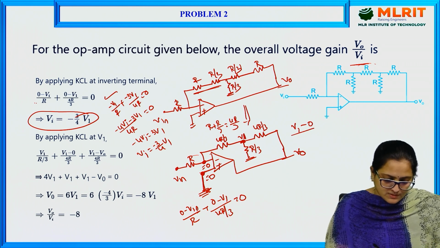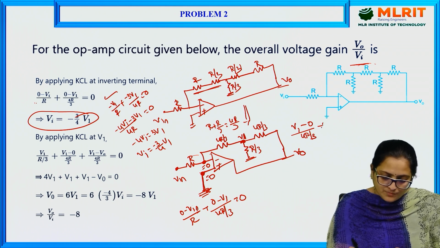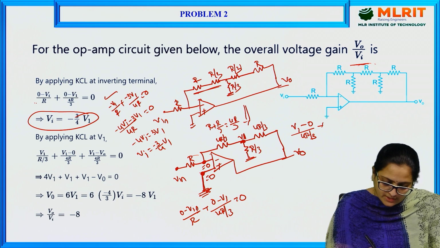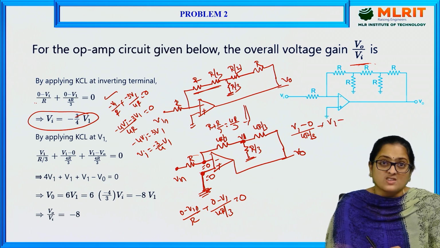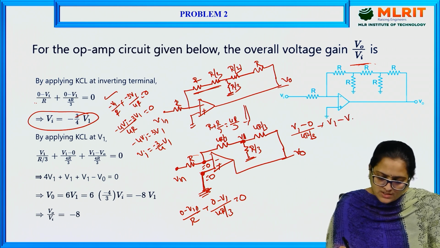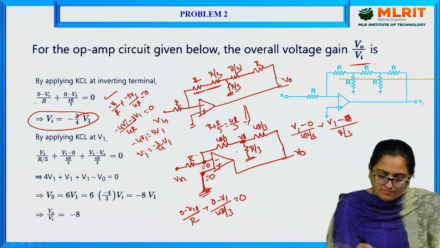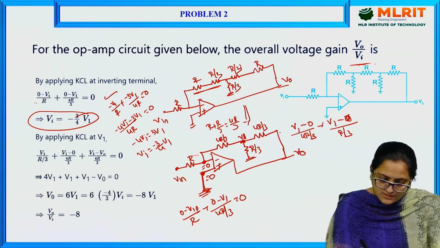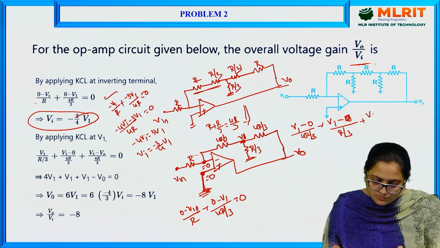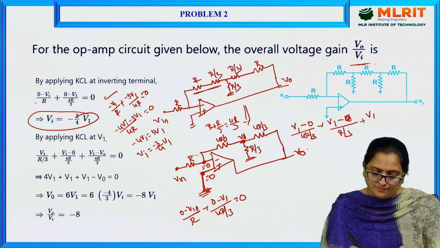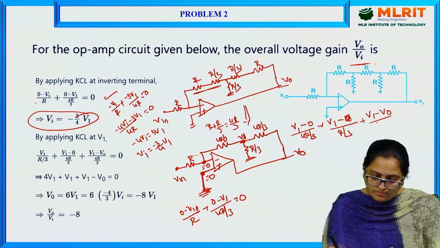V1 minus 0 divided by 4R by 3, plus at this node V1 minus ground 0, V1 minus 0 divided by R by 3, and across this arm you can write plus V1 minus V0 by 4R by 3 is equal to 0.